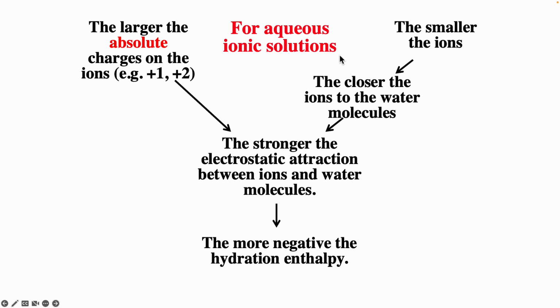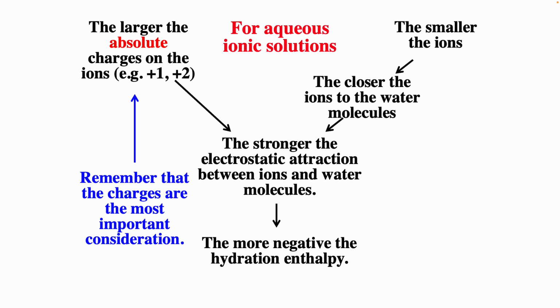And so for aqueous ionic solutions, the larger the absolute charge, the stronger the electrostatic attraction between ions and water molecules, the more negative the enthalpy of hydration. The smaller the ions, the closer the ions, the stronger the attraction, the more negative the enthalpy of hydration.